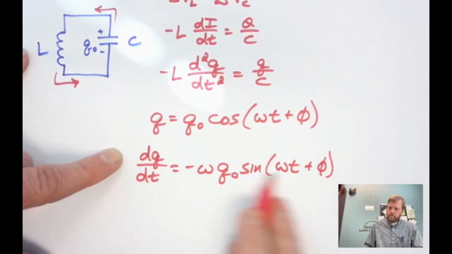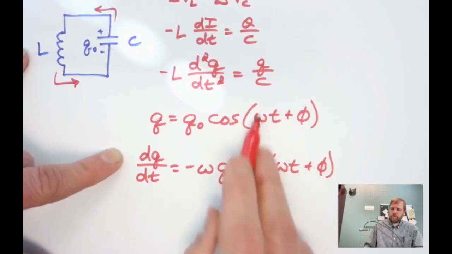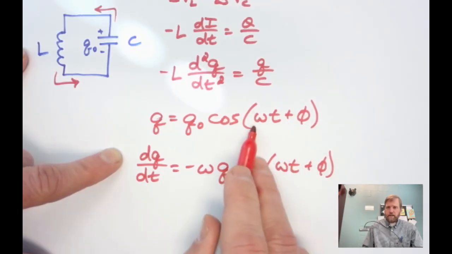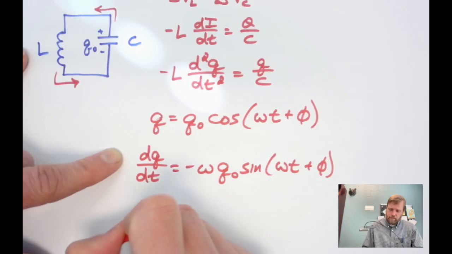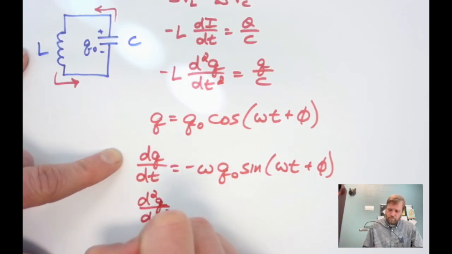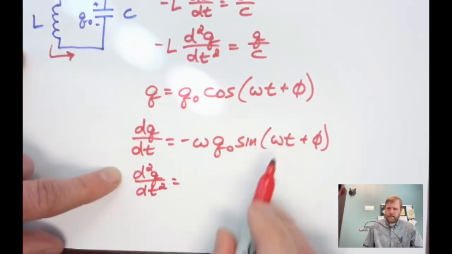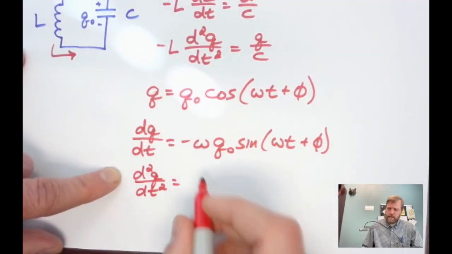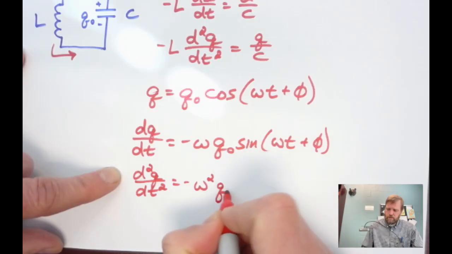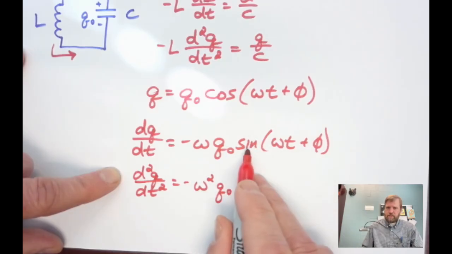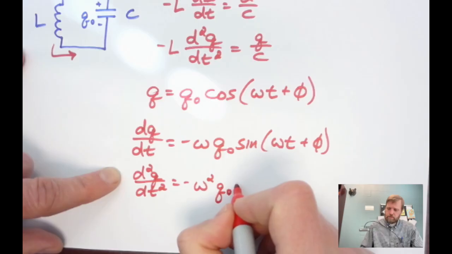The omega comes from the chain rule. I've got to take the derivative of the inside to get that out. Now I'm going to do this again. I'm going to take another derivative, and then I'll get another omega out. And the derivative of the sine function is the cosine function.